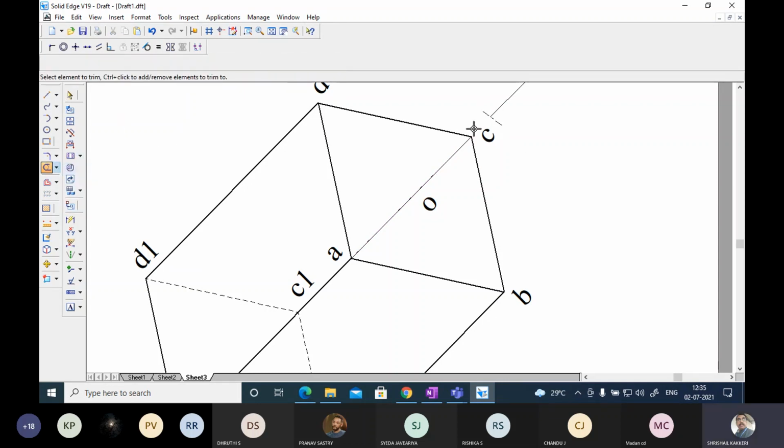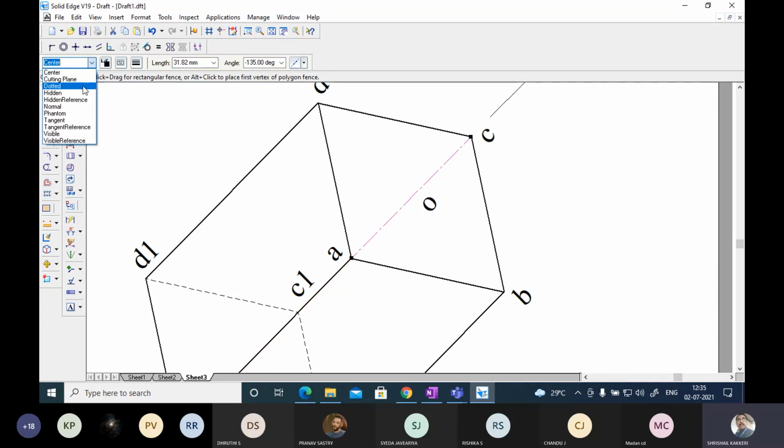Okay, you can even remove this, you can convert this into a dotted, hidden line.